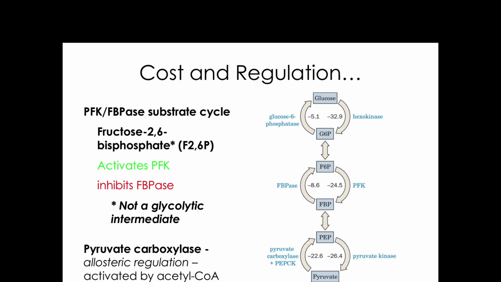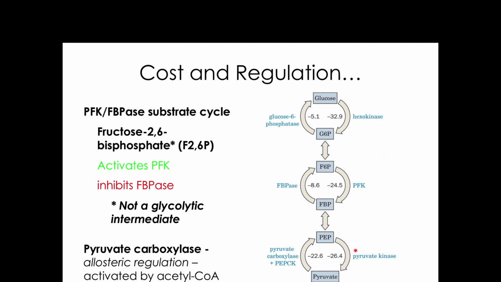So our last little piece here is to talk about how we regulate gluconeogenesis. And in talking about regulating gluconeogenesis, we're indirectly talking about regulating glycolysis as well. Because remember, going between glucose and pyruvate and back to glucose really represents one large metabolic substrate cycle, cycling through an entire pathway.